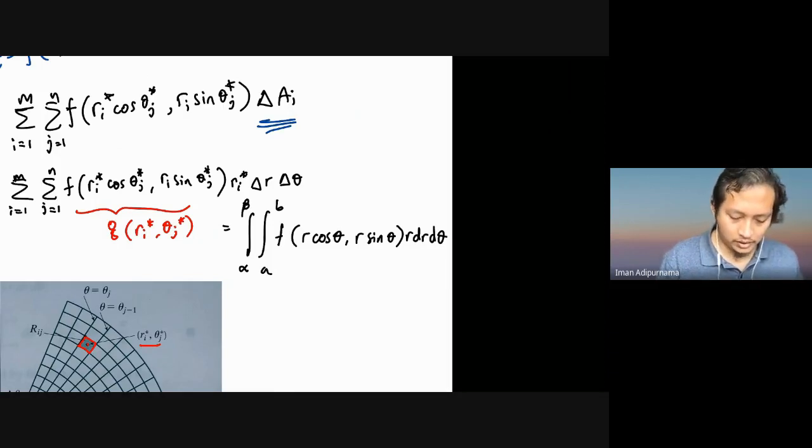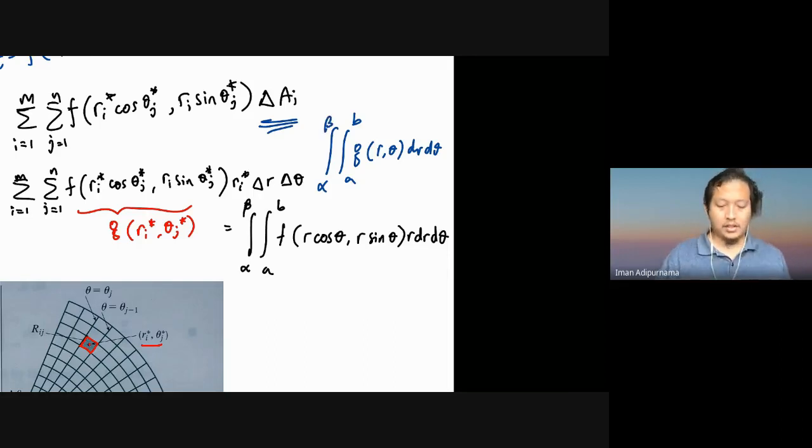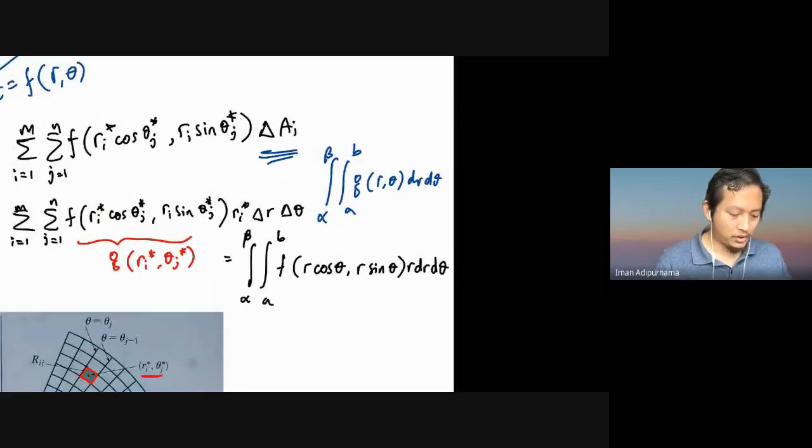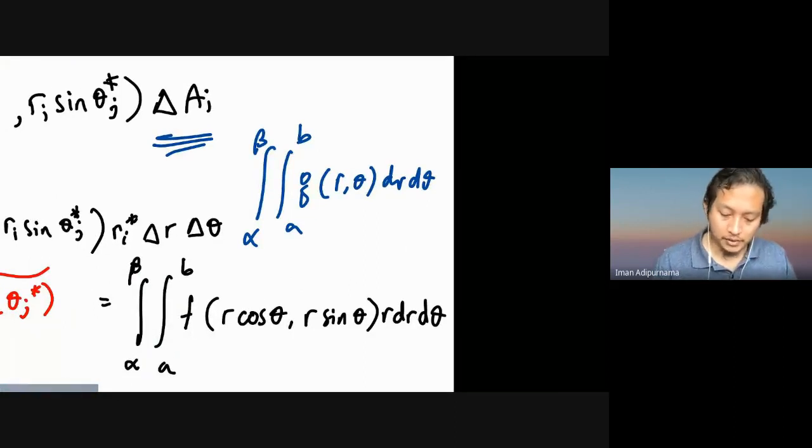Or you can write it in terms of g of r, theta, dr d theta, from A to B. So that will be the last part that I can explain to you for the polar. Later, I will show you examples on how to use this polar. Basically, we're just going to write up the function, and then it's always dr d theta.